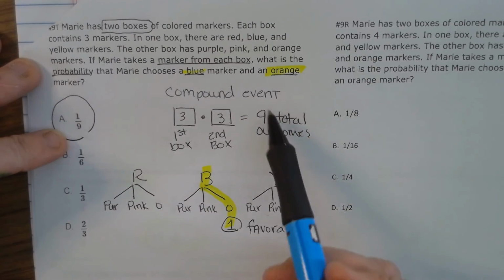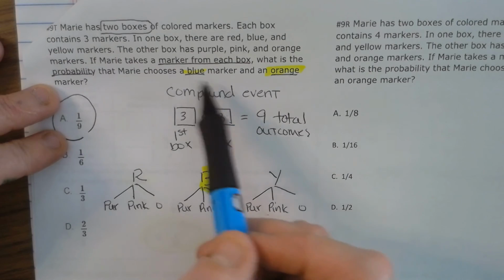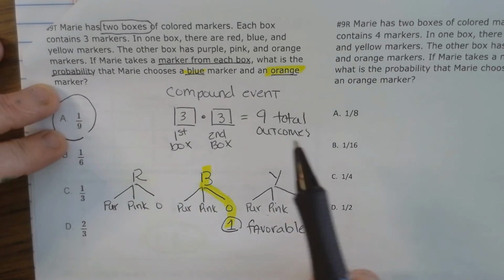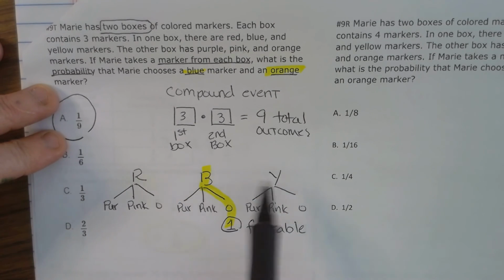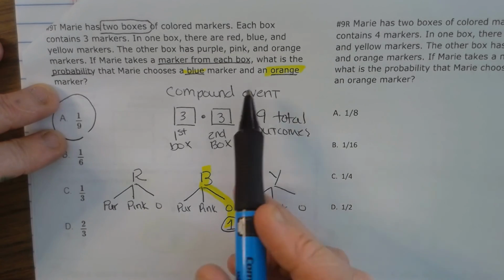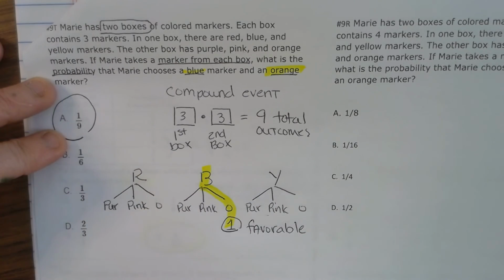So again, the bottom is going to be 9, but the top part is the favorable. Well, what is the favorable? That we choose a blue, then an orange. So here's my tree diagram. Here's the first box. It's got red, blue, yellow. The second box has purple, pink, and orange. And the only way to do blue, orange is one way. So that would be 1/9.